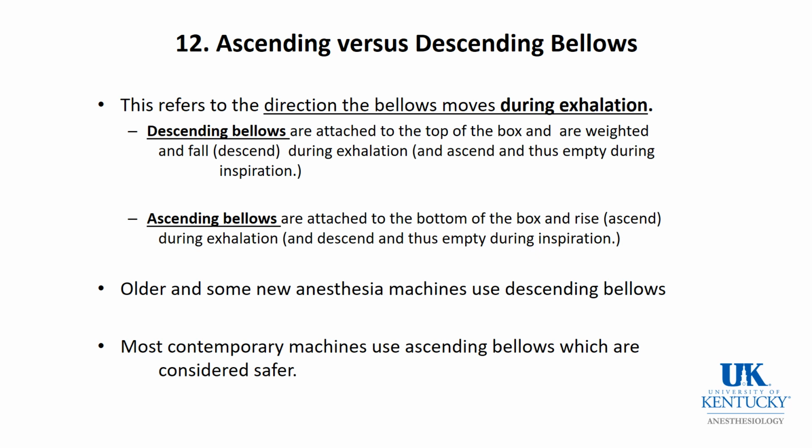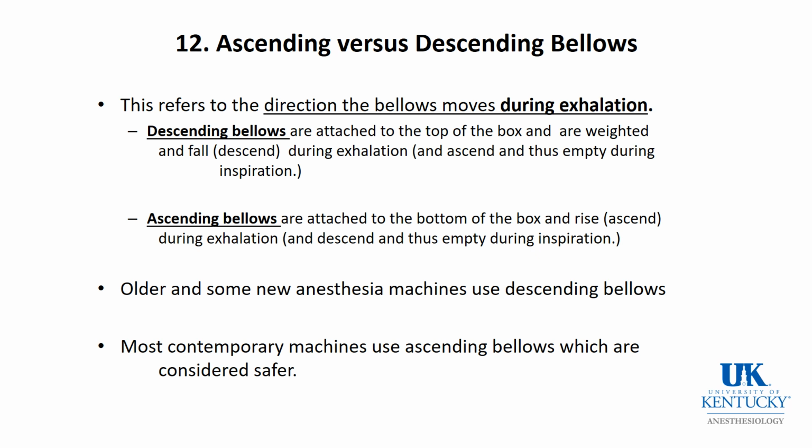There's a big controversy about ascending versus descending bellows. In the old days, we used the descending bellows. The bellows was attached to the top of the box, and it was weighted, and it would fall during exhalation and go up during inspiration. The ascending bellows is just the opposite.